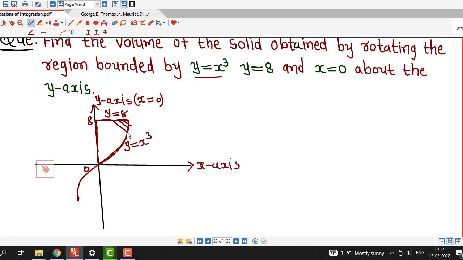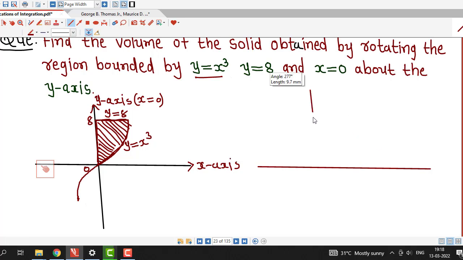So this is the region which we have to rotate about y-axis to generate this solid, and that solid is called solid of revolution. So we can roughly sketch the solid which will be generated by revolution of this with respect to y-axis.